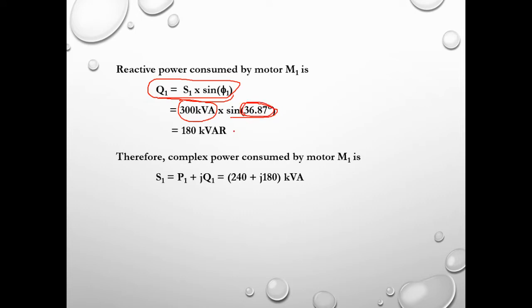Thus, we get the value of Q1, which is 180 kvar. Therefore, the complex power consumed by motor M1 is S1 equal to P1 plus jQ1. These are the values we just obtained in the previous page.